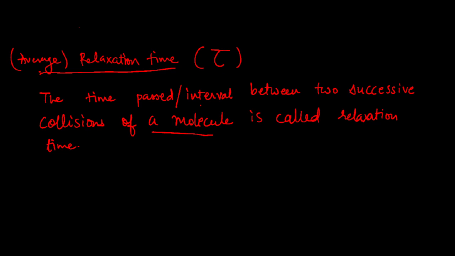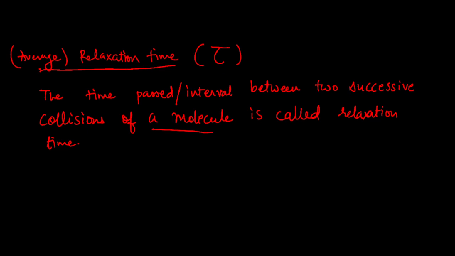So that's why we have to take an average, right? Also, it will not be same for all the different molecules. For some molecules it will be less, some it will be more, and some in the middle, kind of an average.